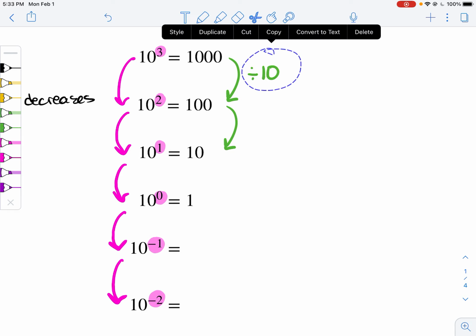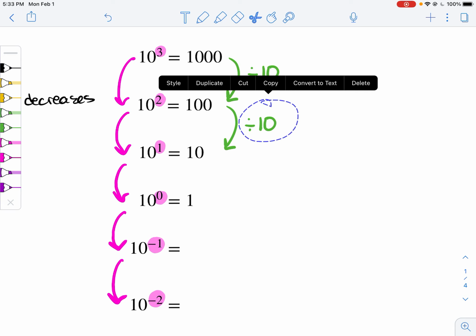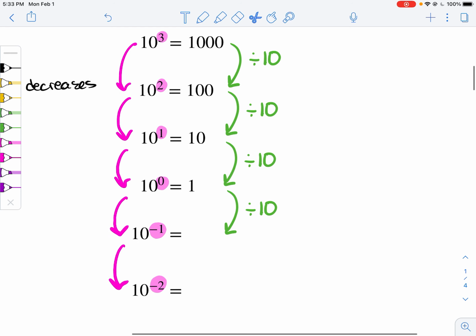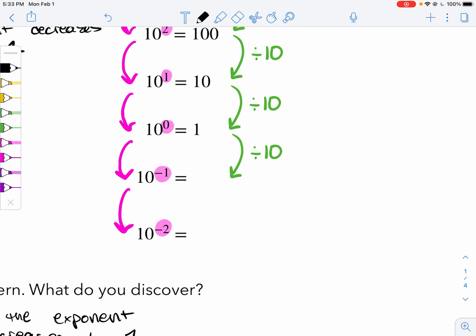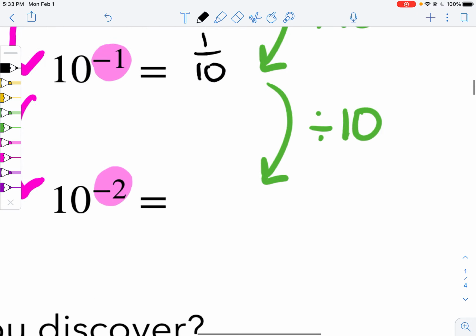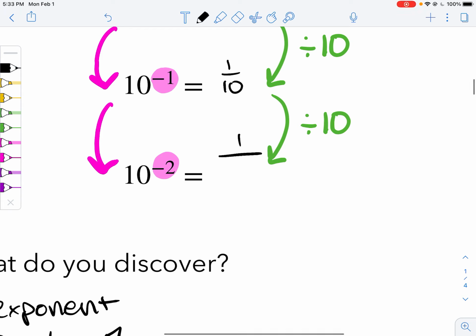So if I divide by 10 each time, 100 divided by 10 is 10. 10 divided by 10 is 1. Let's keep going. What is 1 divided by 10? Well, that's 1/10. And what is 1/10 divided by 10? That's 1/100th.